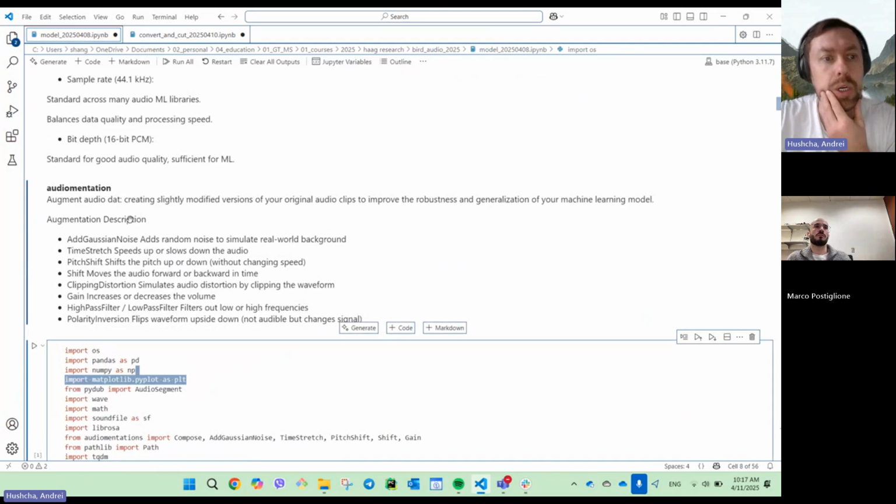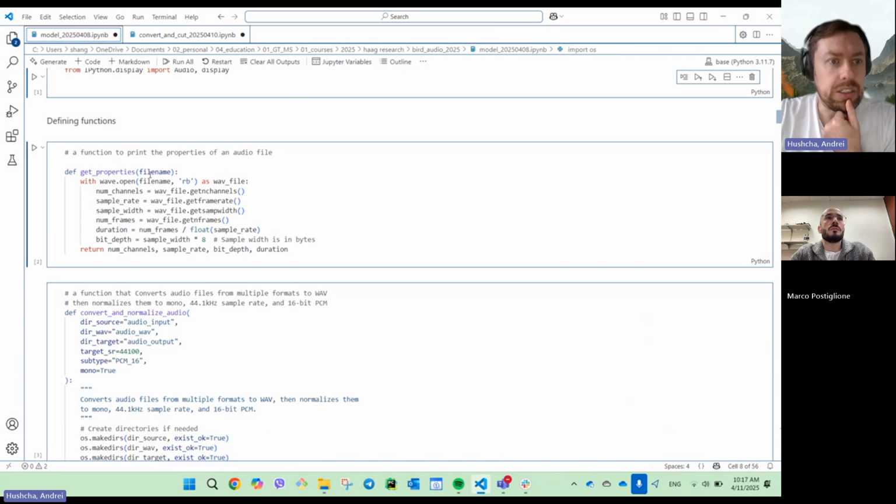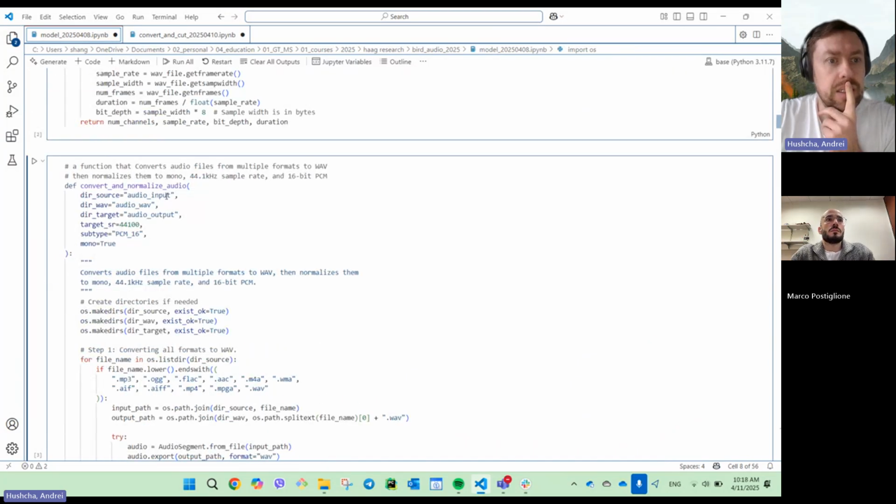And we are going to work with audio augmentation, which is kind of the same as image augmentation, but working with audio. So I defined the function with these properties.